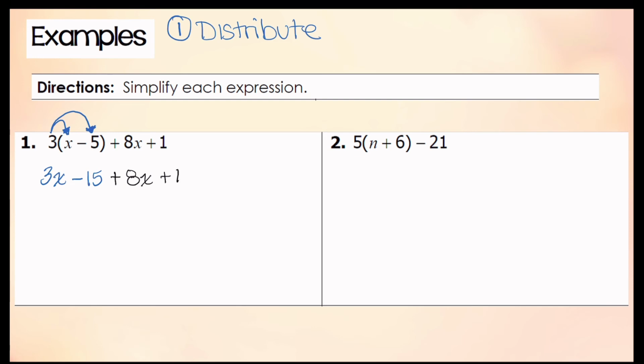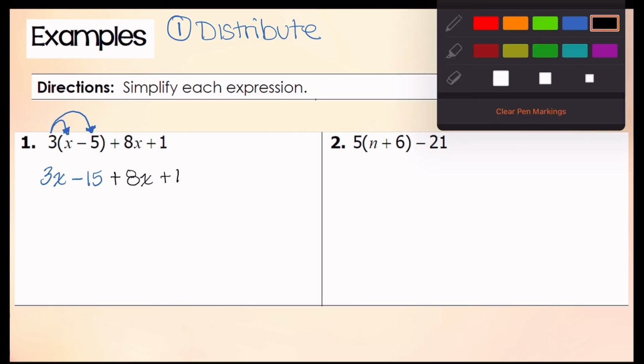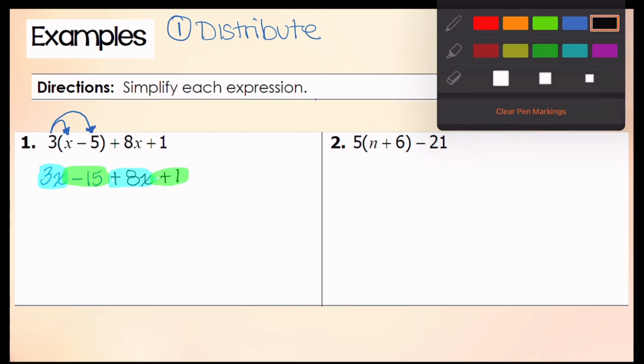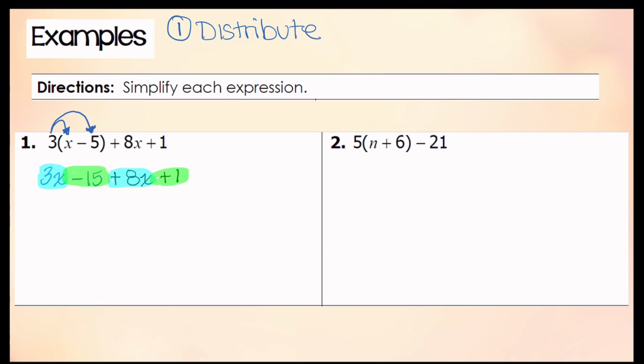I didn't do anything with these terms, but I haven't combined like terms yet. So now I need to go through and I need to group my like terms. I've got 3x here. What matches with that is a positive 8x. Okay, I then have negative 15 and a positive 1. I am now going to be able to group this. 3x and 8x. They're both positive.